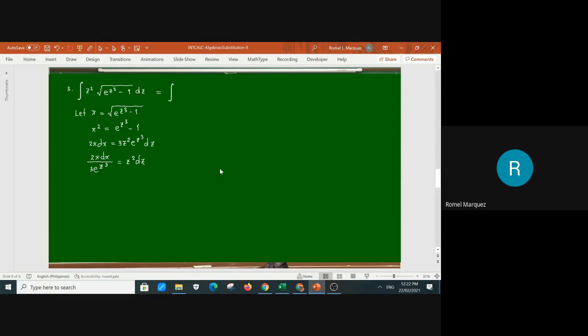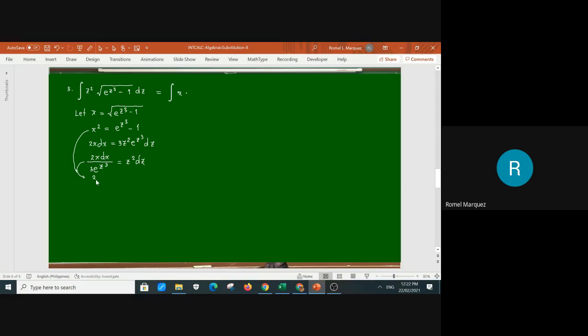Now, this radical is simply x, times z squared dz, which is equal to 2x dx over 3 e to the z cubed. But e to the z cubed is equal to x squared plus 1.